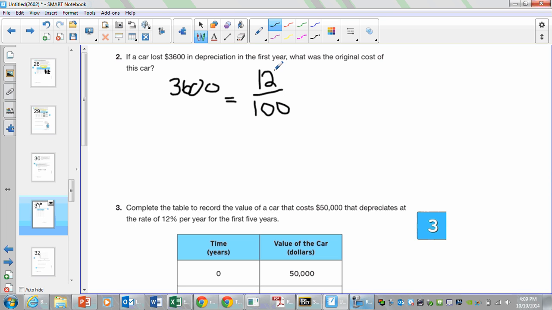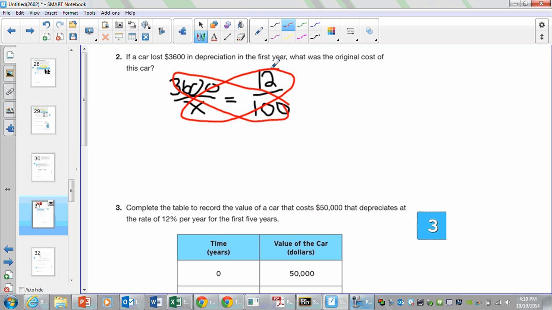So this is the same thing. It's my 12%, which we all know, and there's 100%, so it's just my 12/100. And then this is the 12%, what they lost, and we have to figure out what the original cost of the car is. So we're going to cross multiply and divide like you all know how to do.